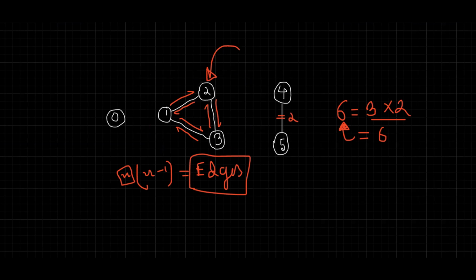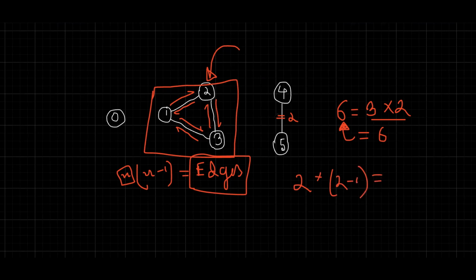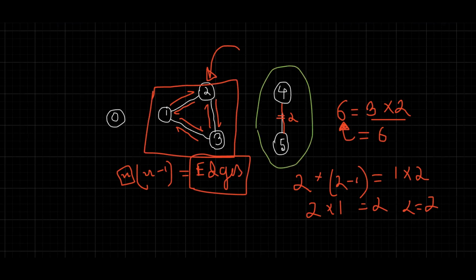Now you have understood how this subgraph is complete. For the subgraph 4 and 6, the number of nodes is 2, so 2 into 2 minus 1 equals the number of edges. We consider this edge 2 times, so the number of edges will be 1 into 2, that is 2. That means 2 is equal to 2. So for this subgraph also, the number of nodes into the number of nodes minus 1 is equal to the number of edges.